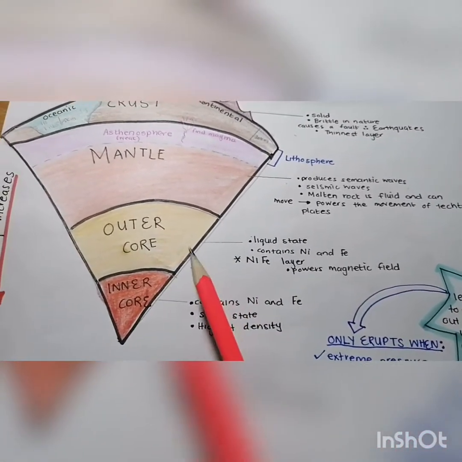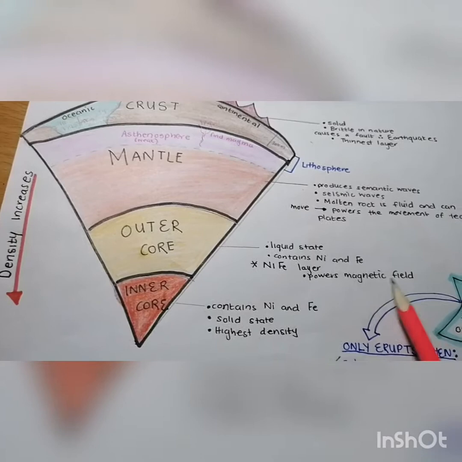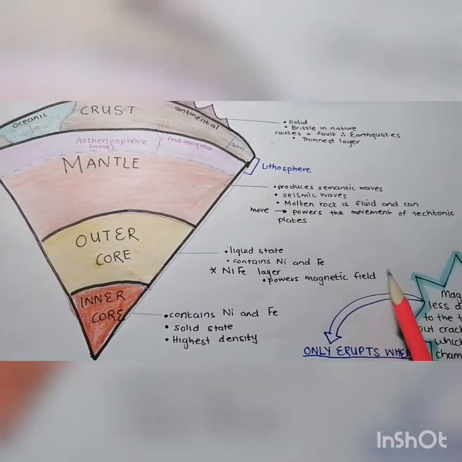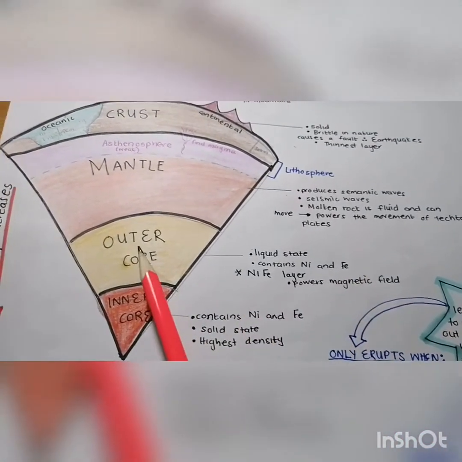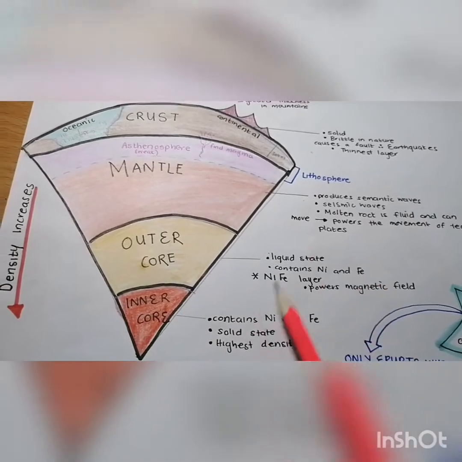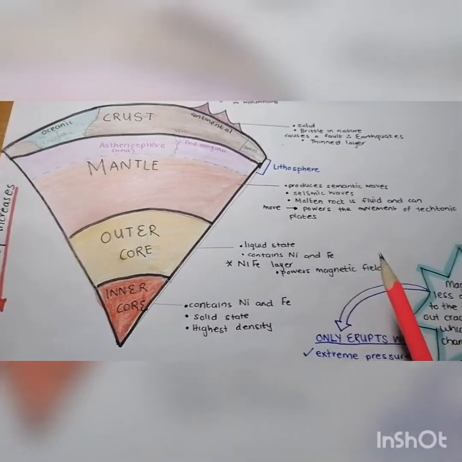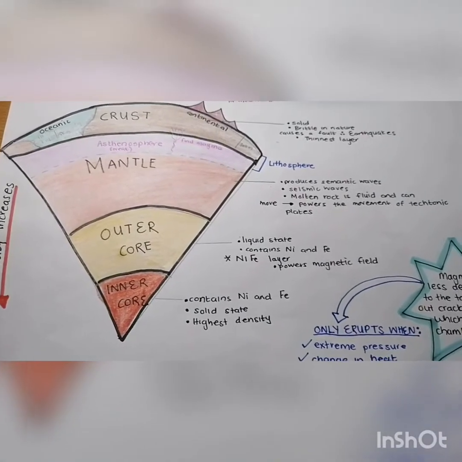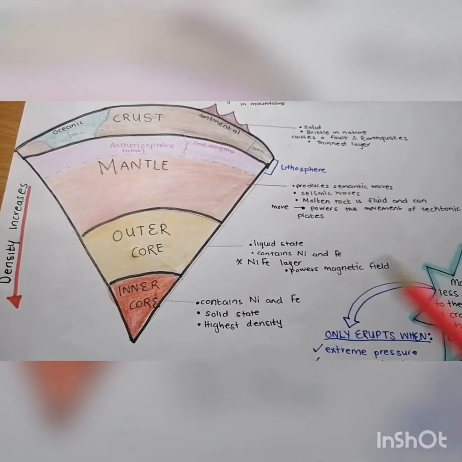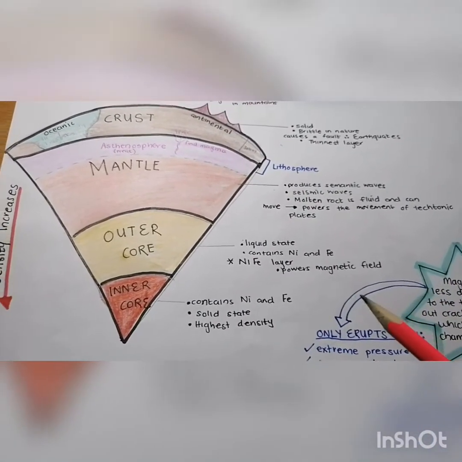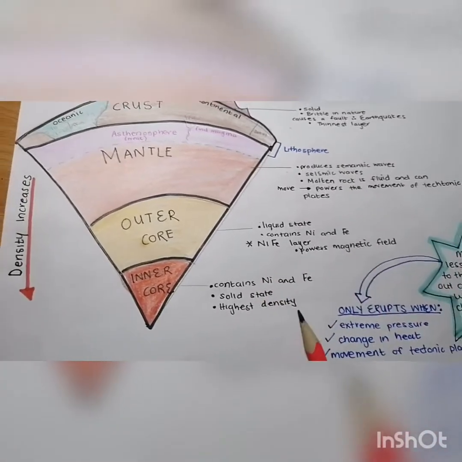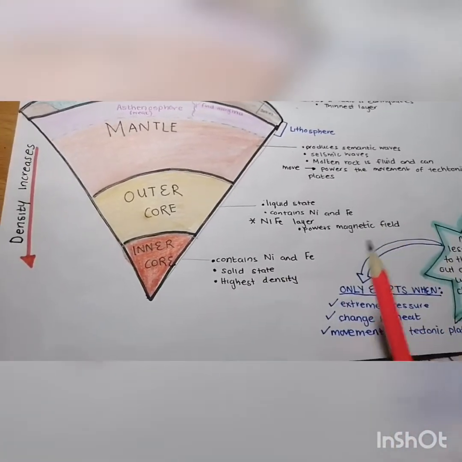The outer core is liquid, which also powers the magnetic field. The movement of the liquid in the outer core powers the magnetic field. And without the magnetic field, asteroids would collide into our Earth and cause many other disruptions to the Earth.